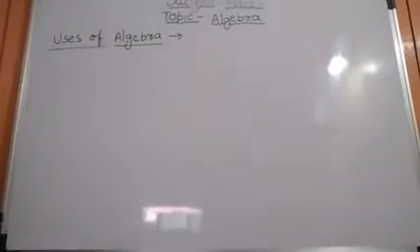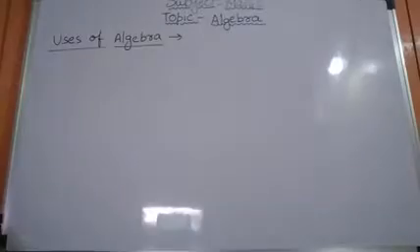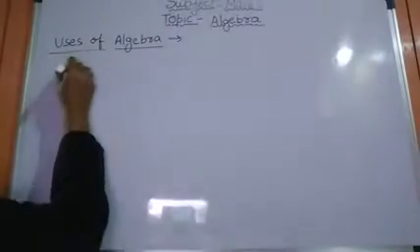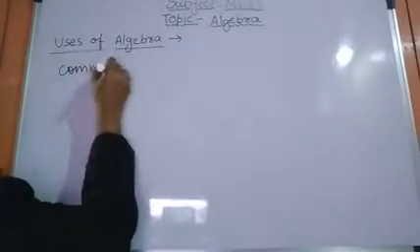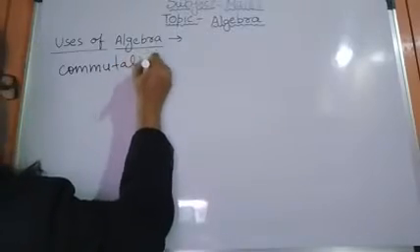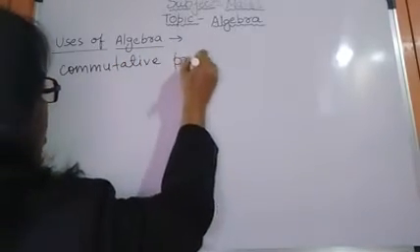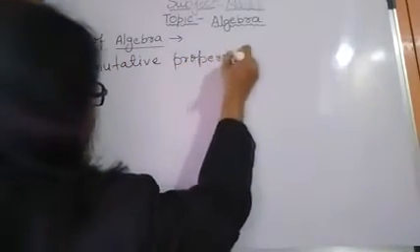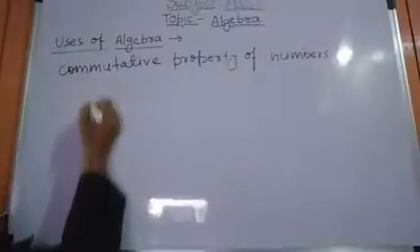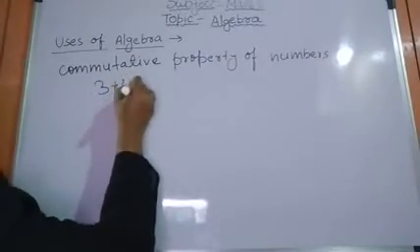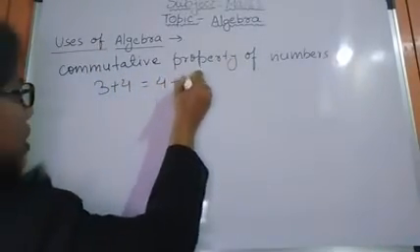What are the rules? Now see. You know the commutative property of numbers. What is this? 3 plus 4 is equal to 4 plus 3.